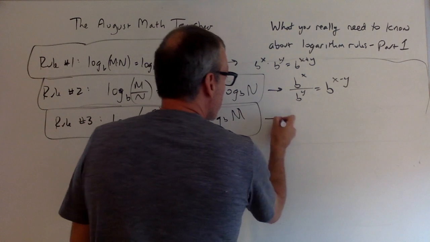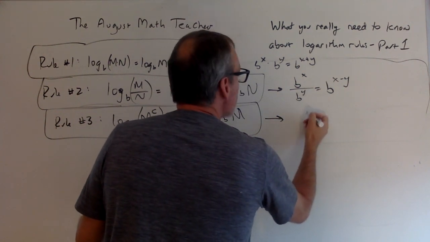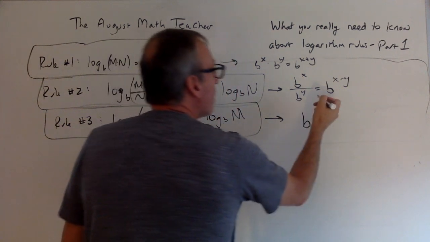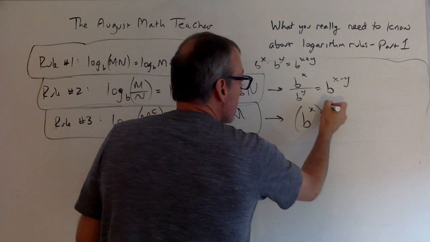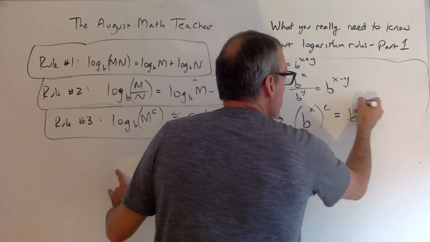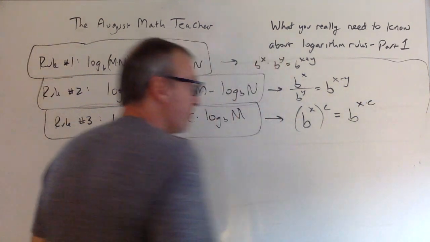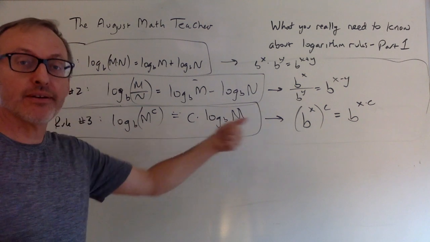And rule number 3 is a very close cousin of the rule that says if you take b to the x, to the power of, let's call it c, then that is the same as b to the x times c. That is actually a rewrite of that one.